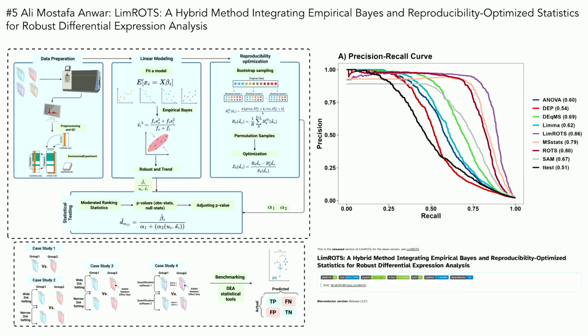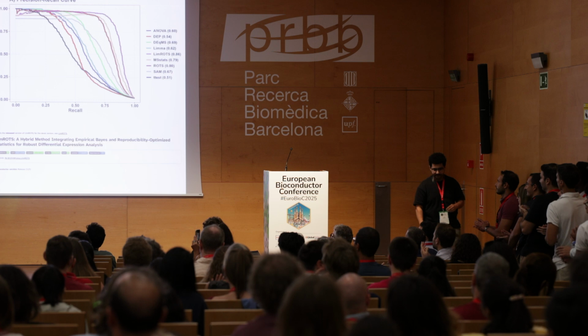We tested Limrods against different DIA tools, which are widely used in proteomics, and also on 21 different proteomics data sets, and Limrods came out on top of the list in most of them. Thank you. Thank you, Ali.